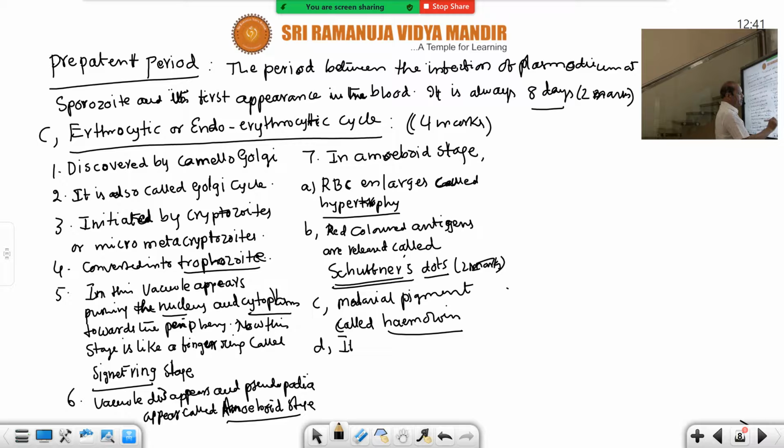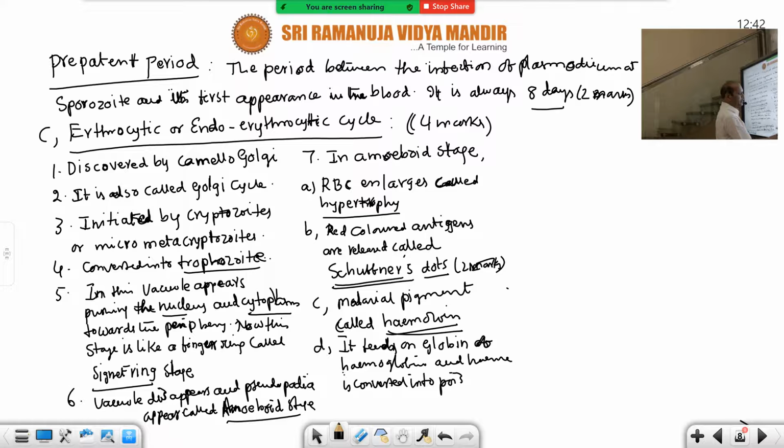All these events occur in the amoeboid stage. The parasite feeds on the globin of hemoglobin; the globin part is eaten away, and the heme part is converted into hemozoin, a poisonous fluid.